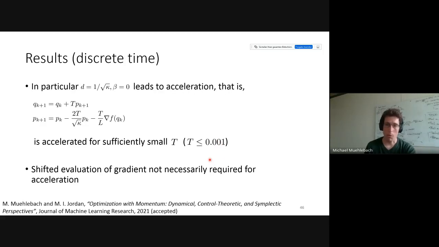But this essentially shows that, in principle, this shifted evaluation of the gradient here, which was one characteristic property of the Nesterov method, is actually not needed if you just care about acceleration.